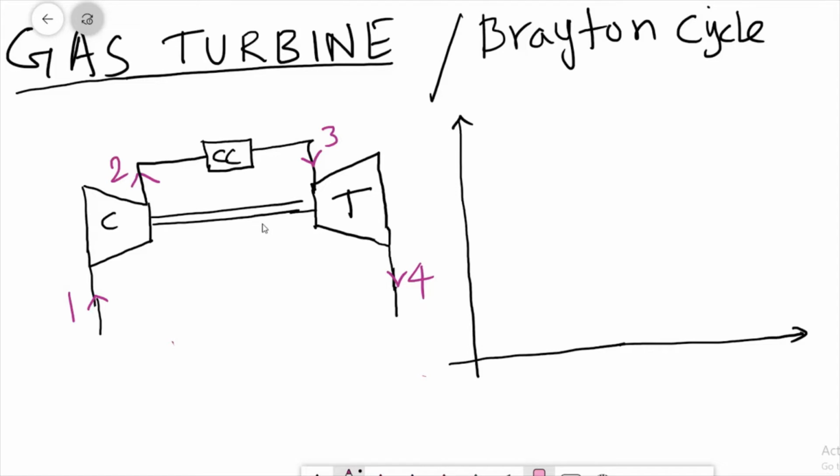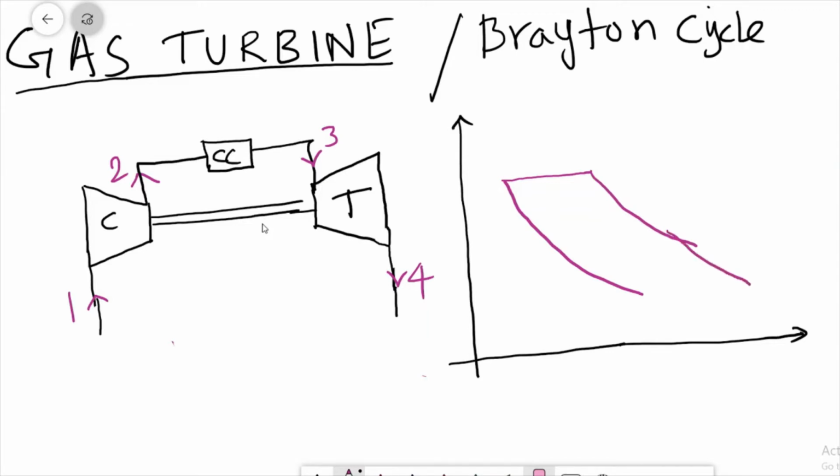From 1 to 2, we call it isentropic compression. Then from 2 to 3, it is constant pressure heat addition. And from 3 to 4, it is isentropic expansion.